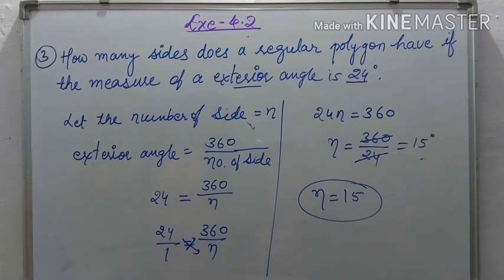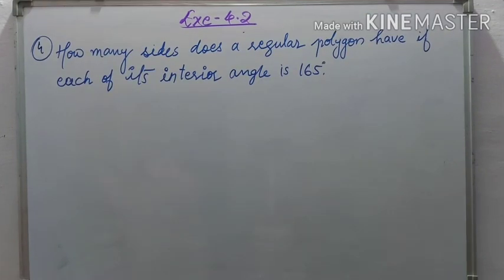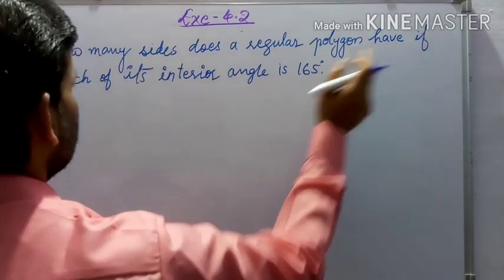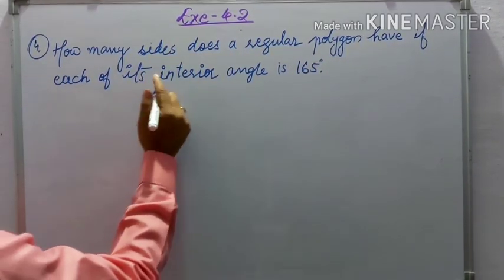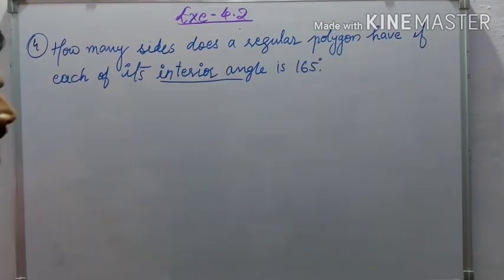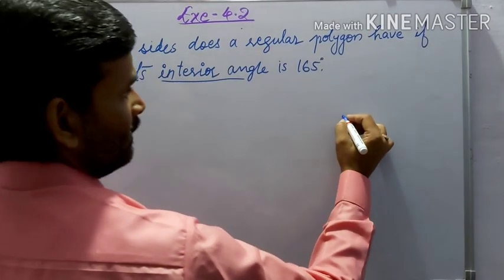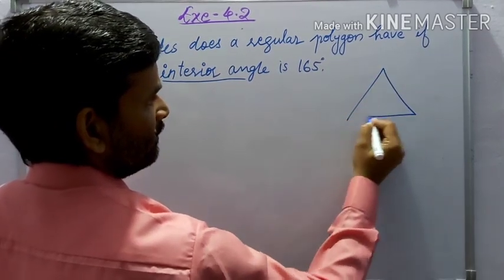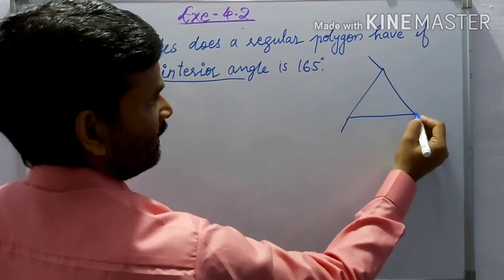Then question number 4: how many sides does a regular polygon have if each of its interior angles is 165? Not the exterior angle, but the interior angle. Suppose a triangle is the minimum-sided polygon, 3 sides.